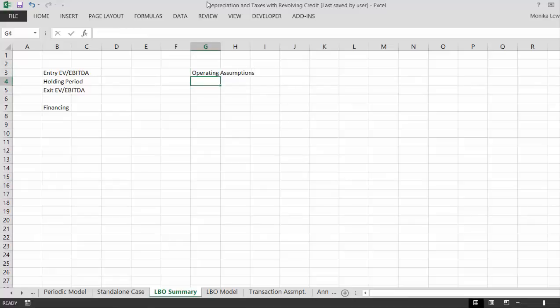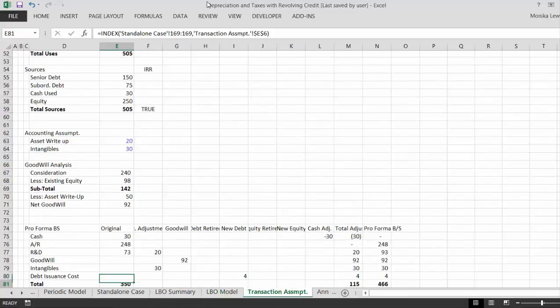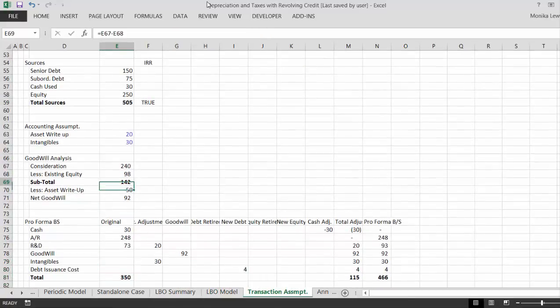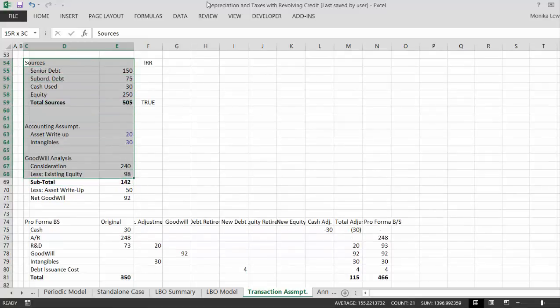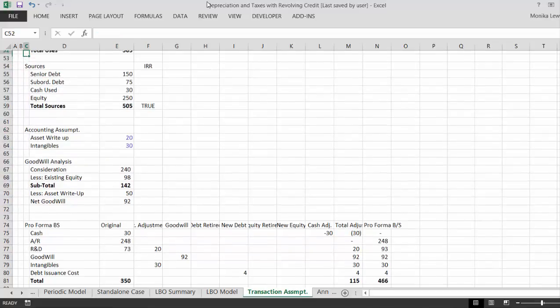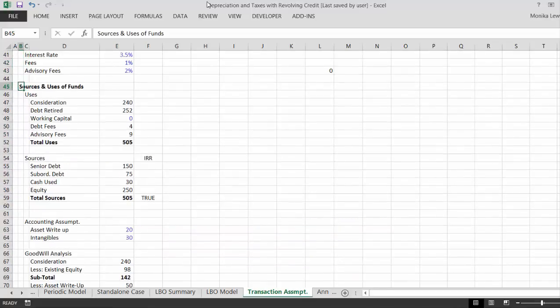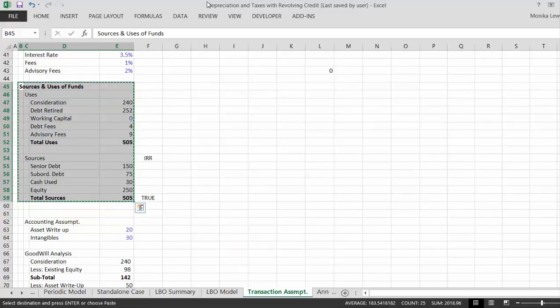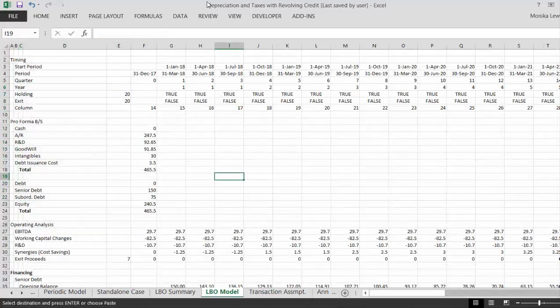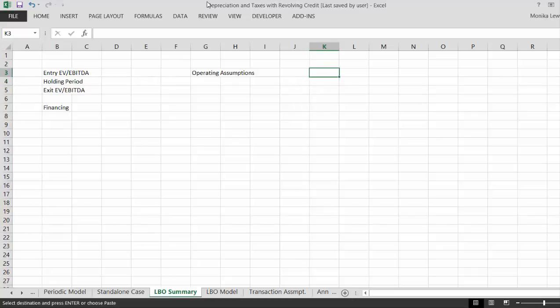And finally, the key thing, the key output, will be taking the sources and uses of funds statement that we made. Okay, I think we need to repeat that and put it somewhere.